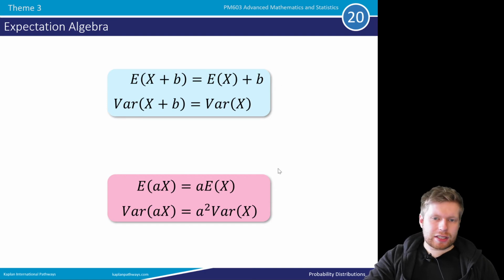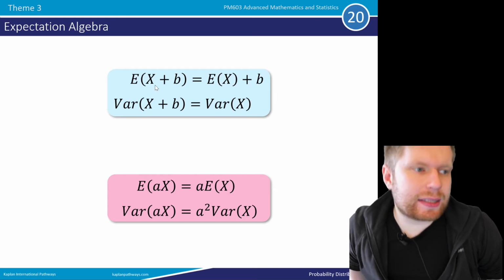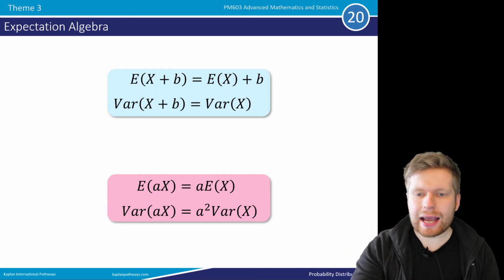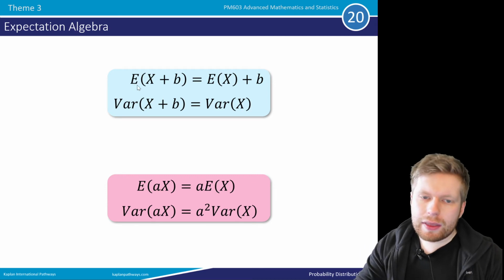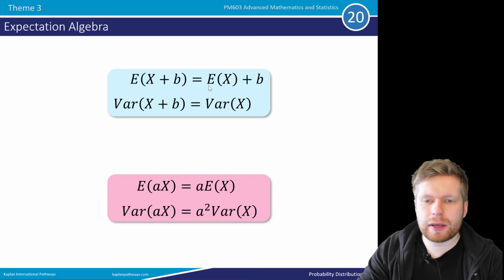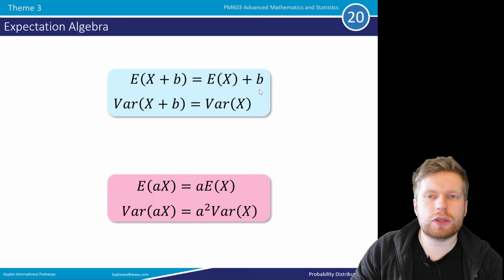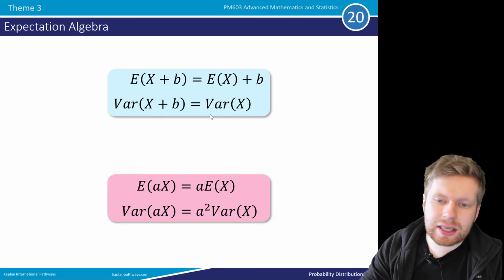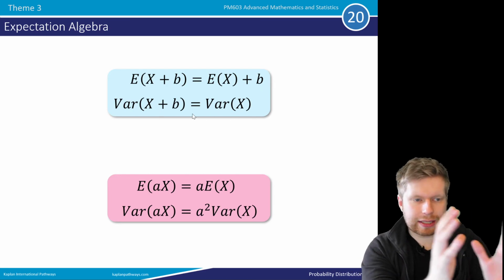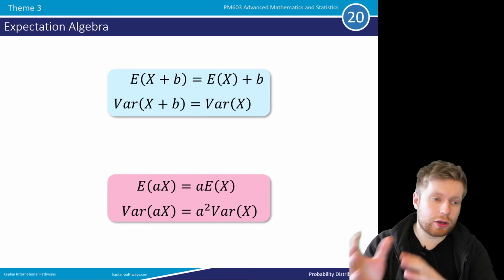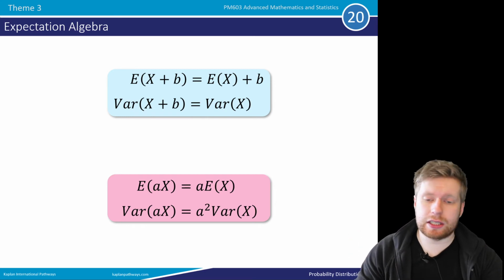So this is a summary of it. If you take an expectation of a value which you've added some particular value to, so if you know what E of x is, and you then take that random variable x and add some particular value to it, the expectation of x plus b should be the old expectation just moved along by b. But the variance doesn't change because you're simply translating all the values, and not changing the distance between them.